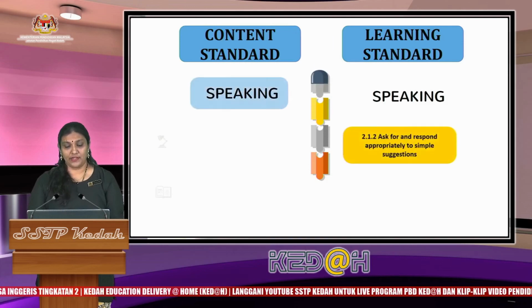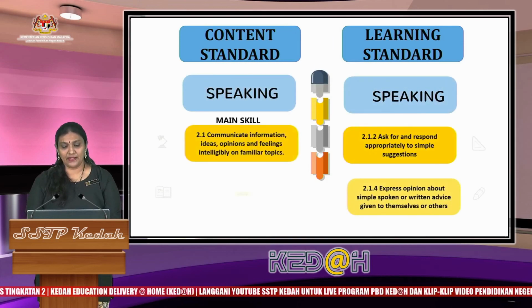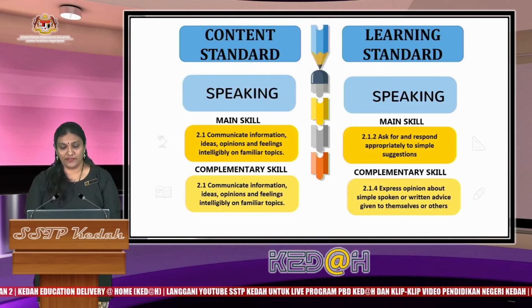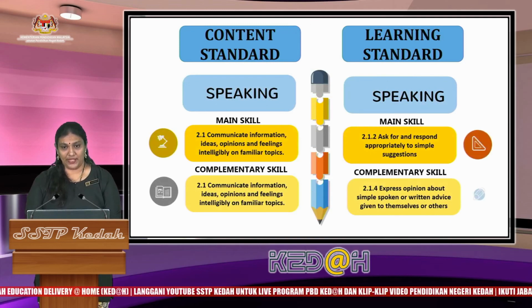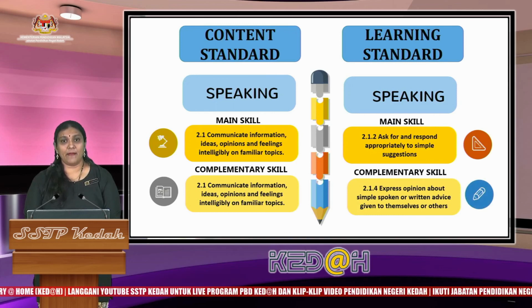Next, here is the content standard and the learning standard that I am referring to for my lesson today. For the speaking, for the content standard, main skill will be 2.1, communicate information, ideas, opinions, and feelings intelligibly on familiar topics, and same goes to the complementary skill.